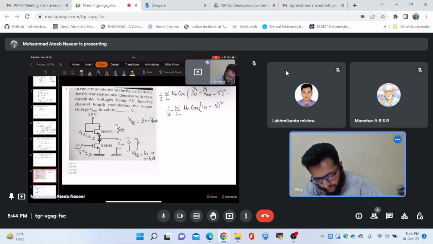So this thing will go, this thing will go, and we will be left with 30 minus 5, which is 25, minus V naught, whole square, is equal to 5 square. So let's take the square root on both sides. It will be 25 minus V naught equal to 5, or V naught will be 20 volts simply.